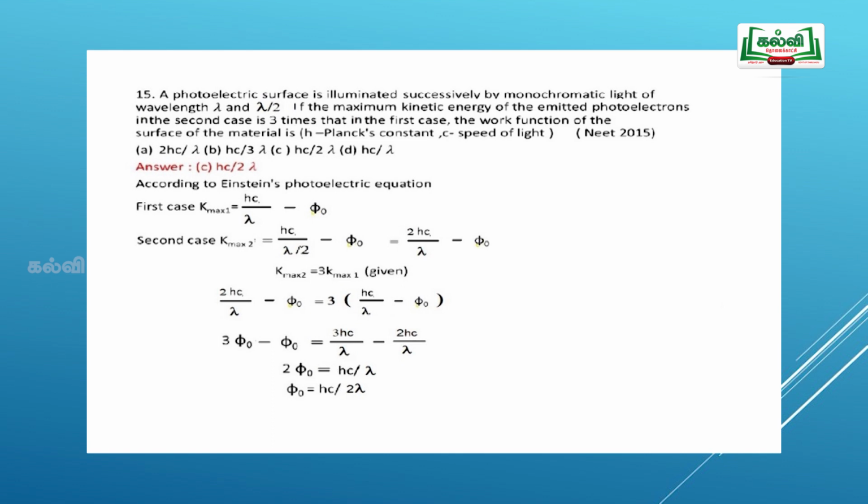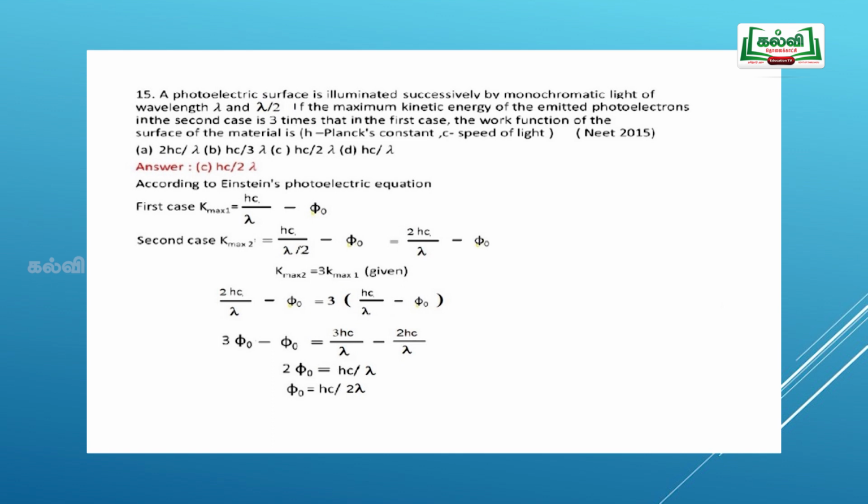This is a question from the NEET 2015 paper. The options are A 2 hc by lambda, B hc by 3 lambda, C hc by 2 lambda, option D hc by lambda. Option C is the correct answer, hc by 2 lambda. Let's see how option C is correct.